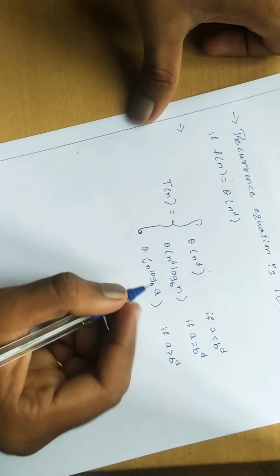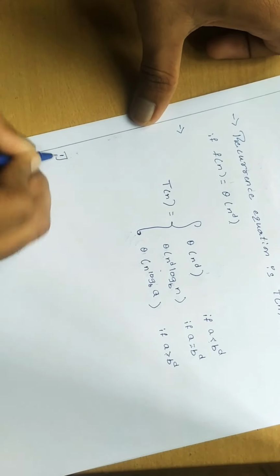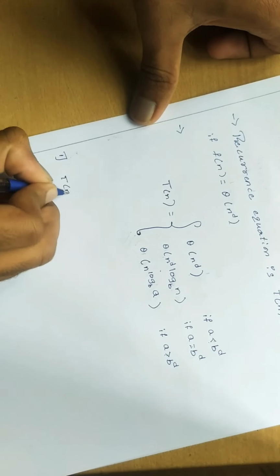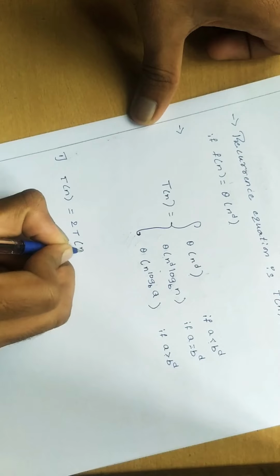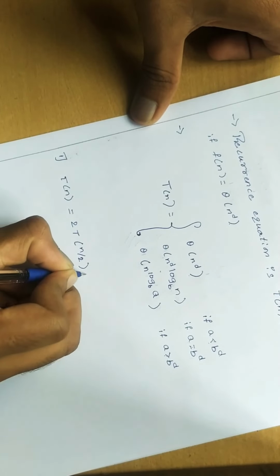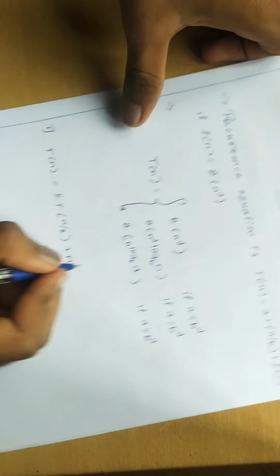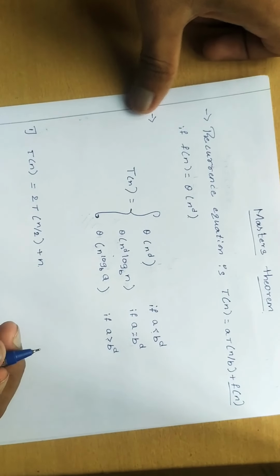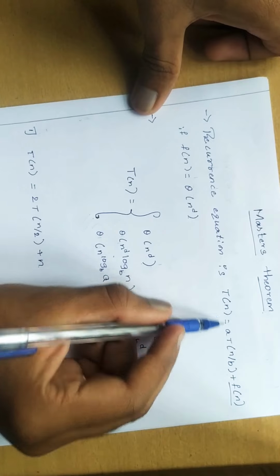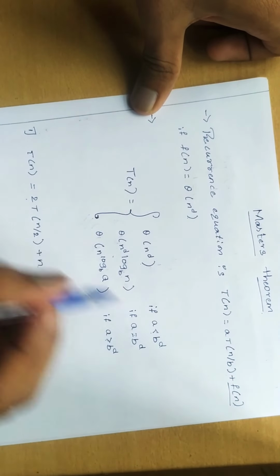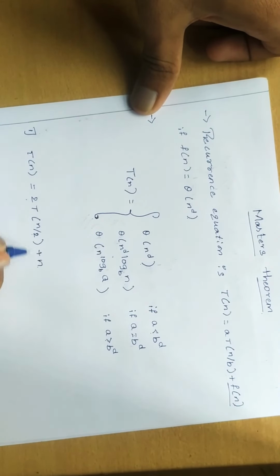So let me solve an example on Masters Theorem. Let me take one example: T of n is equal to 2 T of n by 2 plus n. According to the form I said before, T of n is equal to a T of n by b plus f of n.